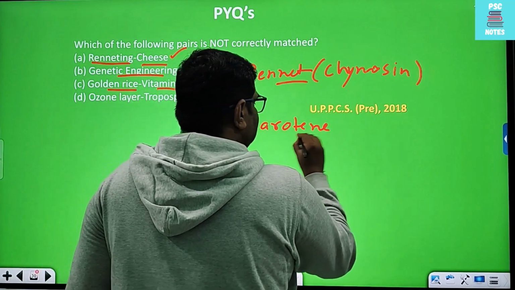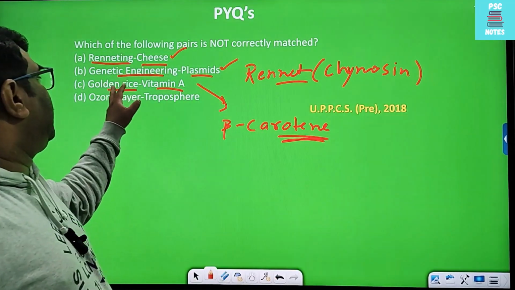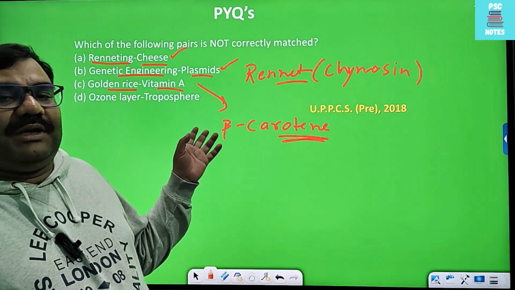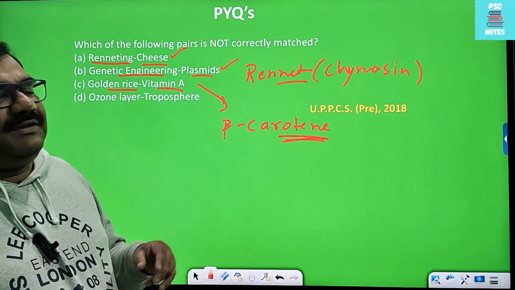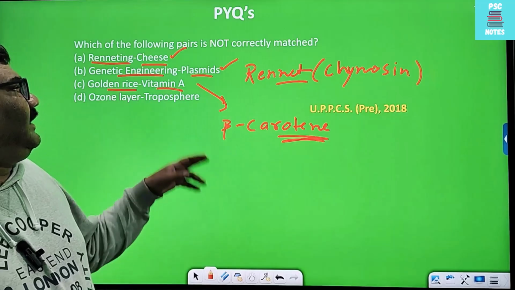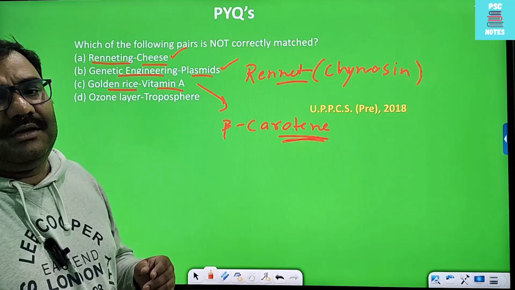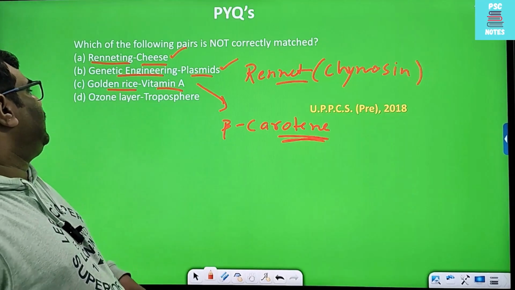It was also asked in UPSC. It was developed to combat vitamin A deficiency, which causes blindness in children. Vitamin A deficiency causes what? Blindness. Now finally, the ozone layer.